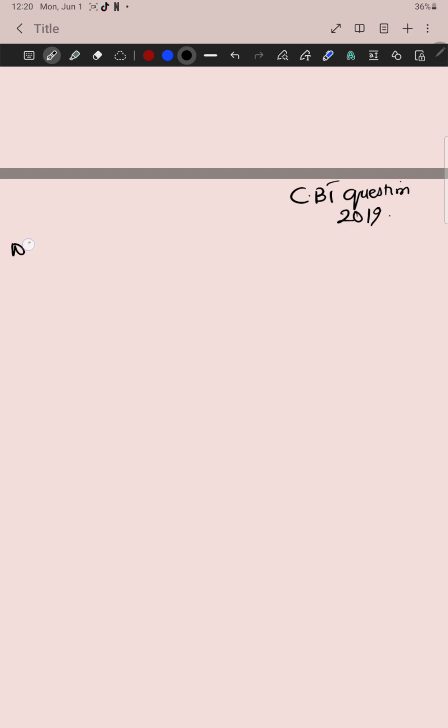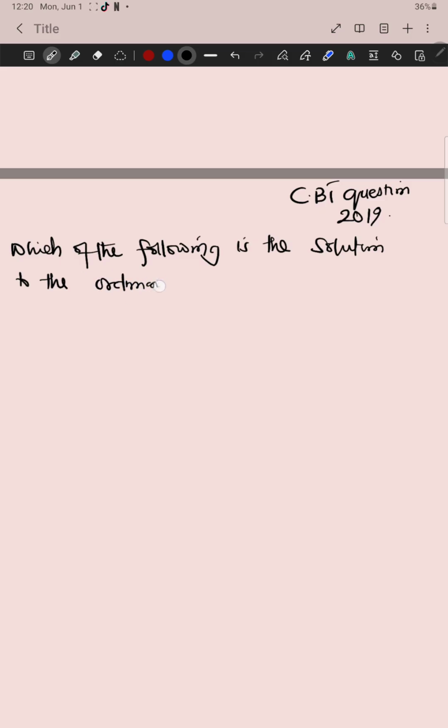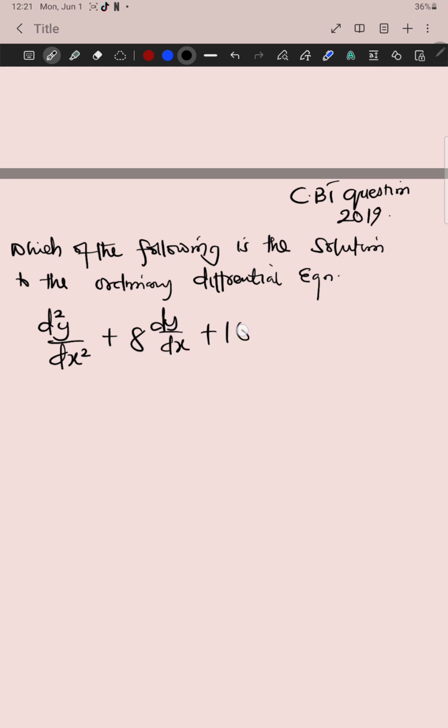It says, which of the following is the solution to the ordinary differential equation? d squared y over dx squared plus 8 dy over dx plus 16y is equal to 0.